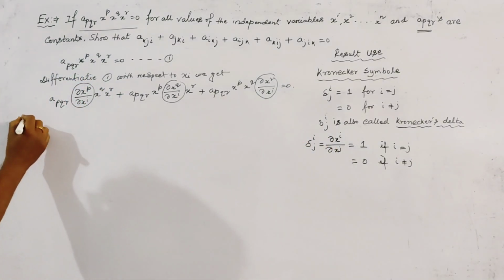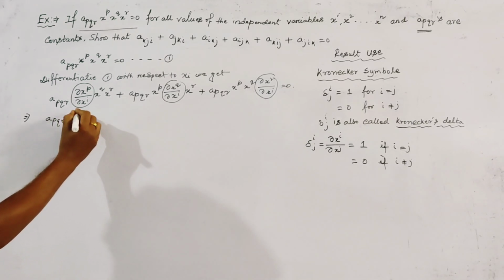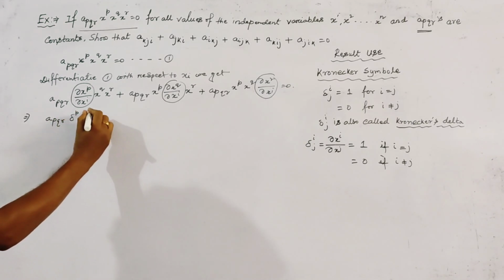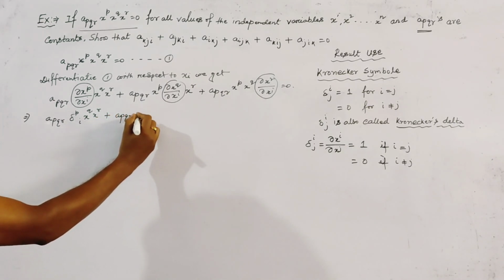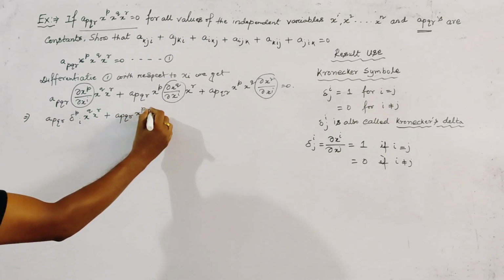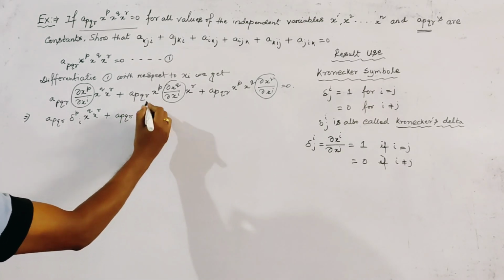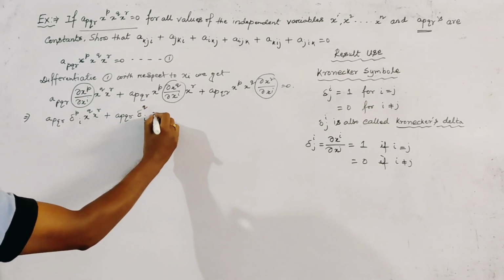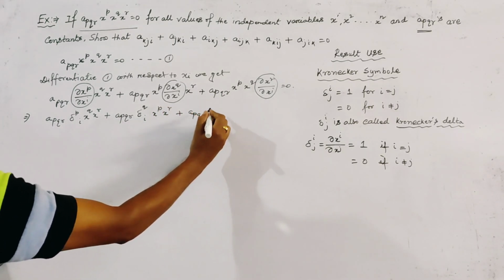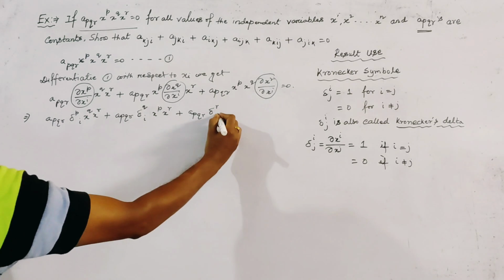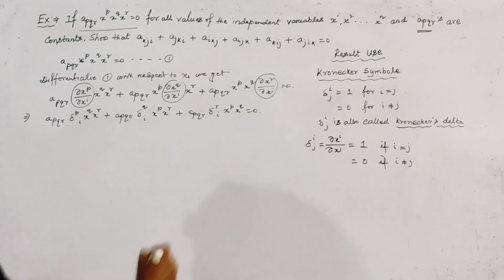We get a^{PQR} delta_pi xq xr, plus a^{PQR} delta_qi xp xr, plus a^{PQR} delta_ri xp xq, equal to 0.